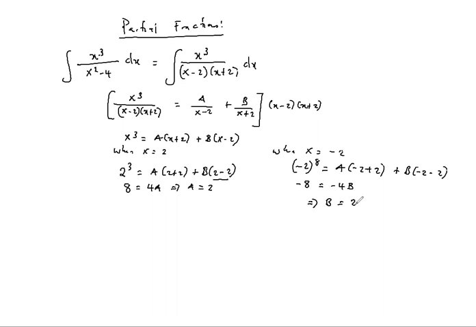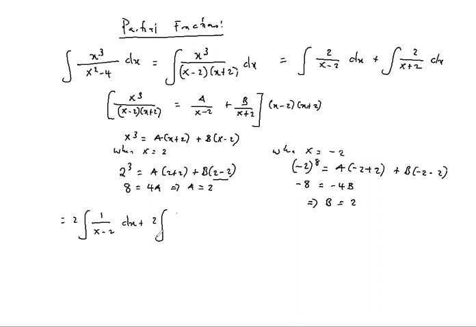So what we have now is this integral is the same as the integral of 2 over x minus 2 dx plus 2 over x plus 2 dx, which can also be written as 2 outside the integral of 1 over x minus 2 dx plus 2 outside the integral of 1 over x plus 2 dx.